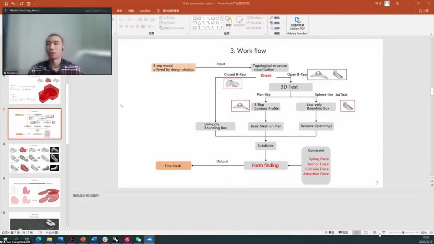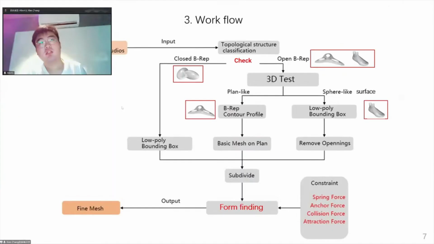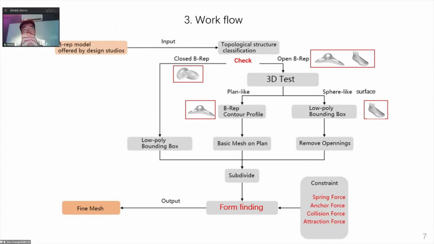In this case, this model is a non-manifold finite element model. That is very popular in topology optimization results. So how can you deal with such type of models?